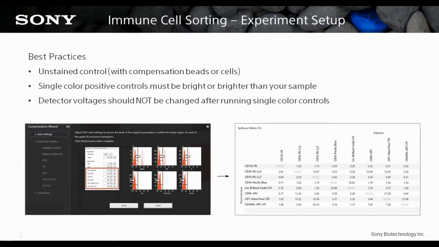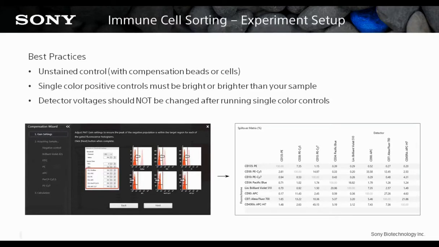So what are the best practices for multicolor flow cytometry? For one, you've got to have an unstained control without the viability dye in it. Single color controls can be prepared using antibody capture beads or with cells if your marker expression is sufficiently high. And they should be at a similar or higher brightness level to estimate the spillover values correctly.